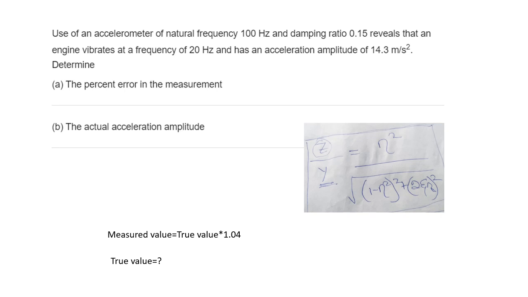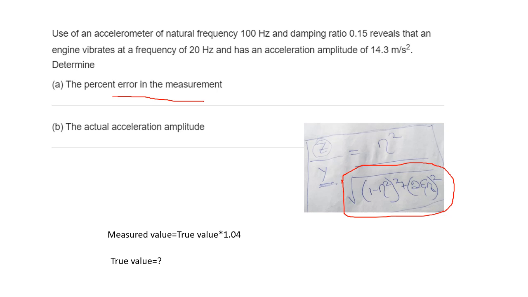The percentage error would be 0 if z by y into eta square is equal to 1, so that this denominator should be equal to 1. Otherwise it will lead to errors.